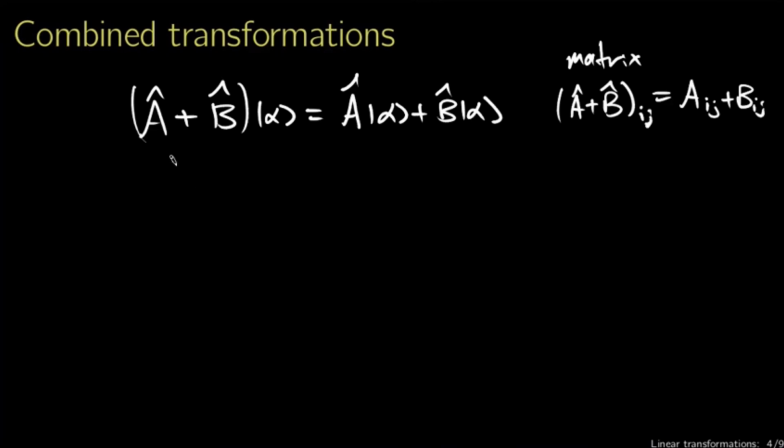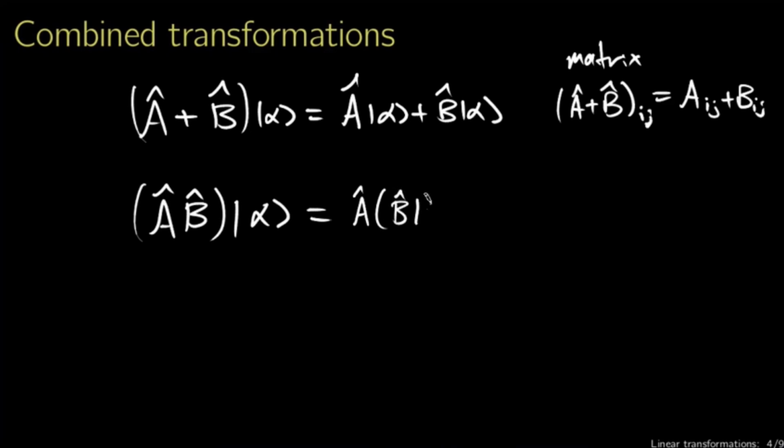We can also write out the product of two transformations. For instance, if I have A hat B hat acting on the vector alpha, you can think about this as the composition, A hat acting on B hat acting on alpha. But it turns out that in matrix representation, this is just the matrix vector matrix product.